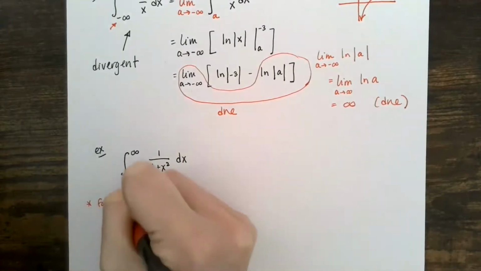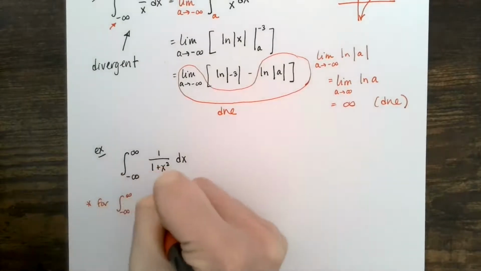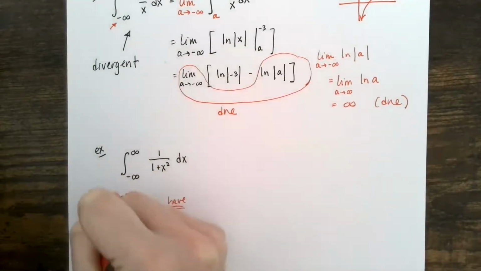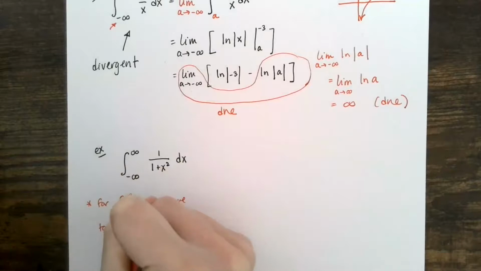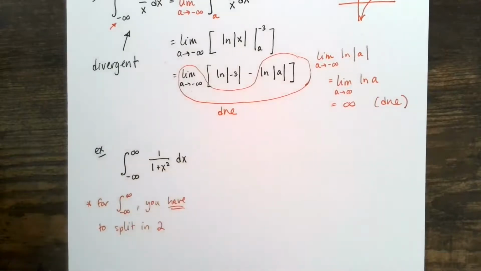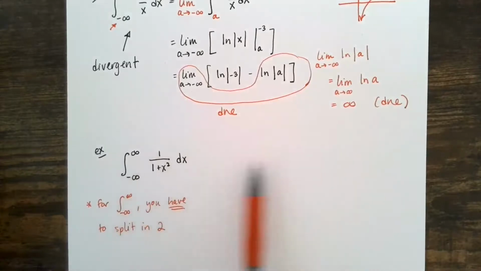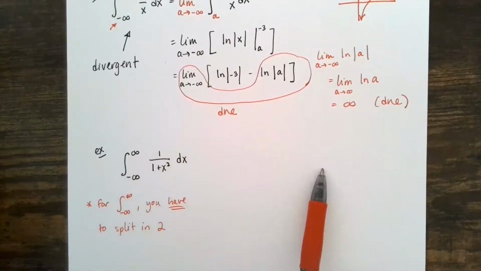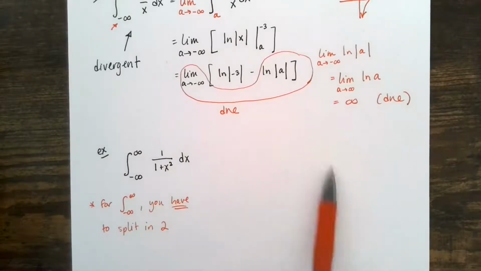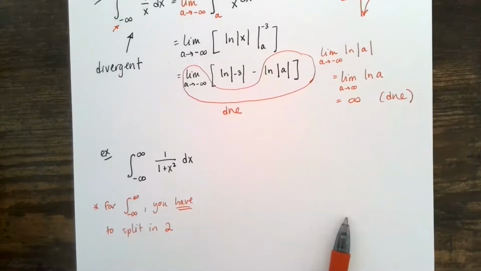So for minus infinity to infinity, you have to split in 2. So we're going to say this is the sum of the integral from minus infinity to something plus the integral from that something to infinity. So it's like 2 separate pieces that you have to consider. And then you pretty much just have 2 separate improper integral problems.